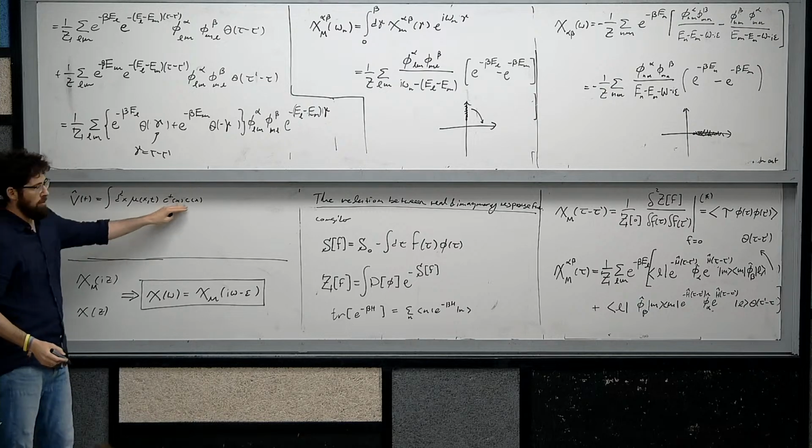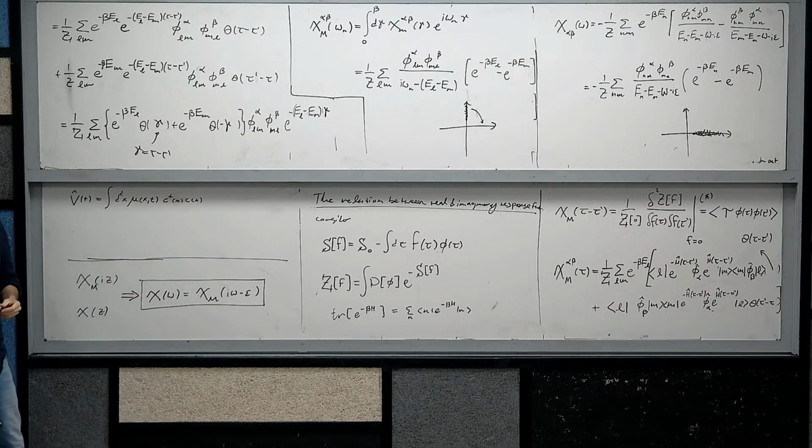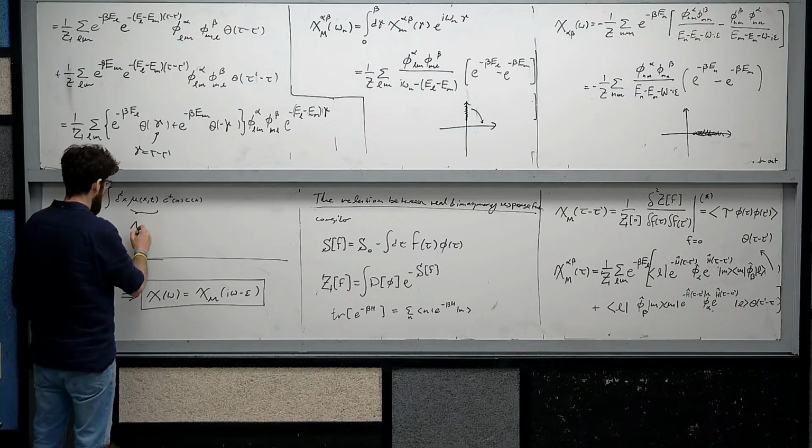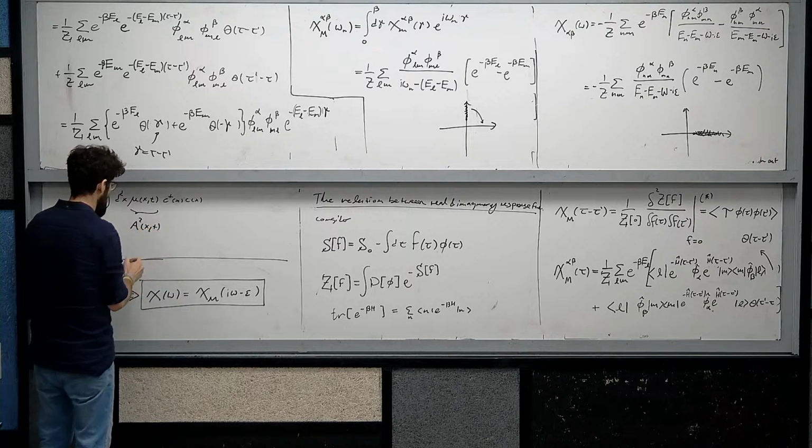So these are fermions, and you have something that couples to density. For example, this mu of x and t could be A squared of x and t.